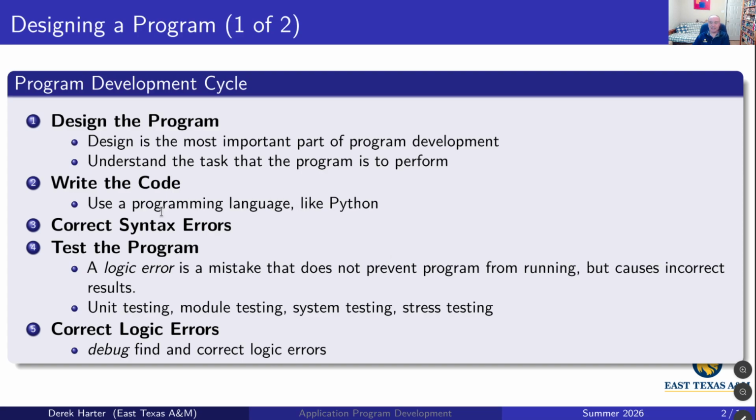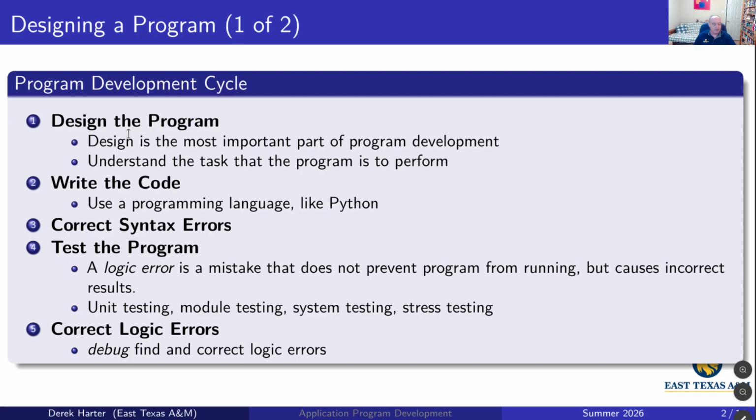Okay, so before I get into some more details about input and output in Python, just one or two more high-level concepts. Typically when you're creating an application program, you'll go through a development cycle to create a program. The most important stage is probably design. This course really isn't about design. That's more advanced.